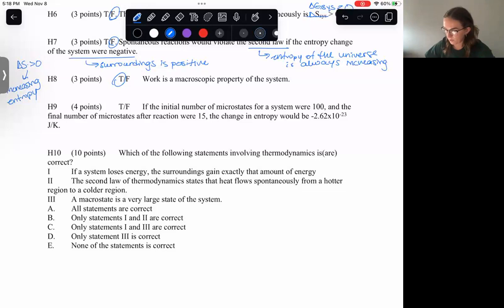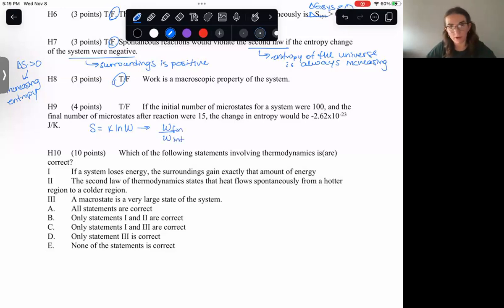Yep. So the Boltzmann equation is S equals k ln W. And how do we write W? W is going to be a fraction of initial and final. Yep, this will be final over initial.